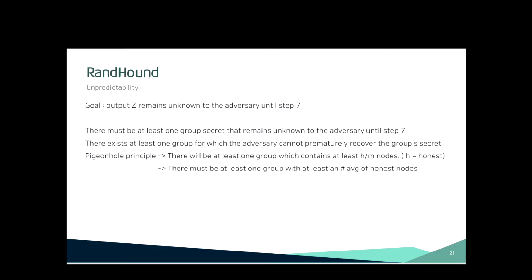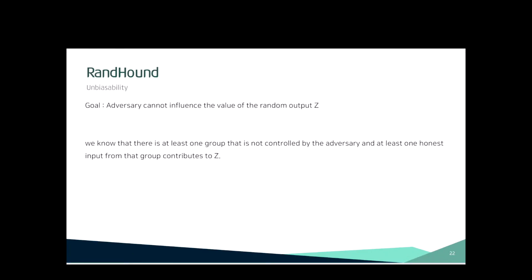So the output remains unknown to the adversary until step 7. Due to the previous attribute, at least one group cannot be predicted or manipulated, and therefore cannot be manipulated to make it a biased value. So the adversary cannot influence the value of the random output Z.